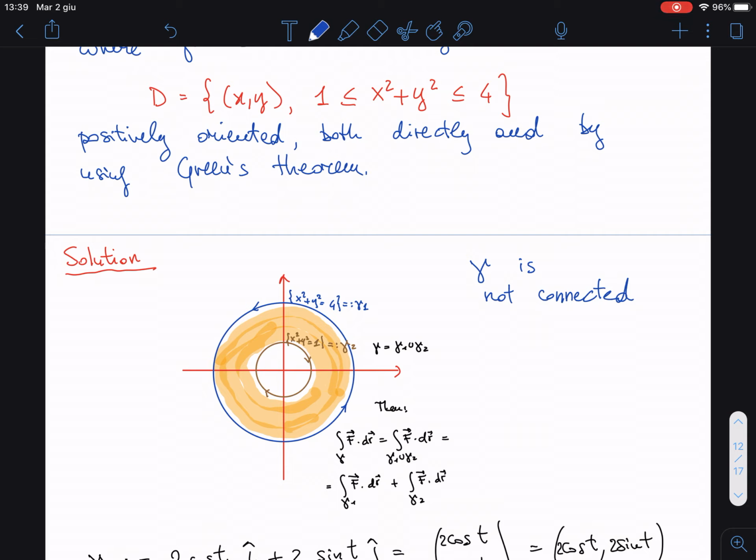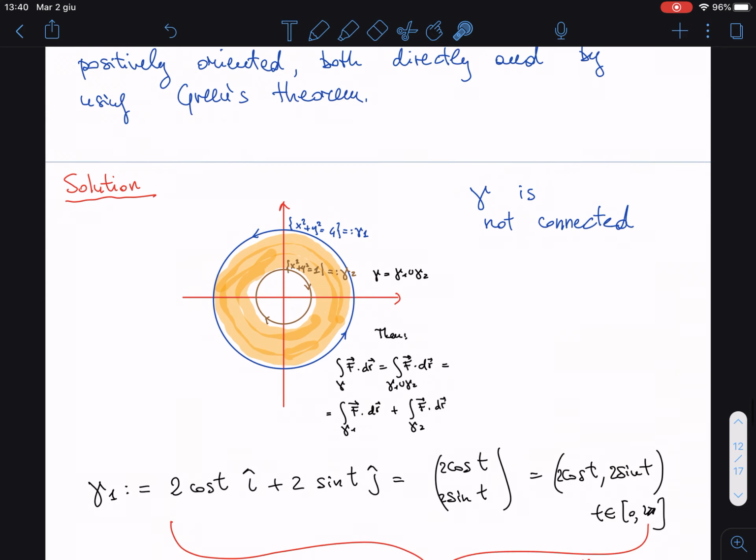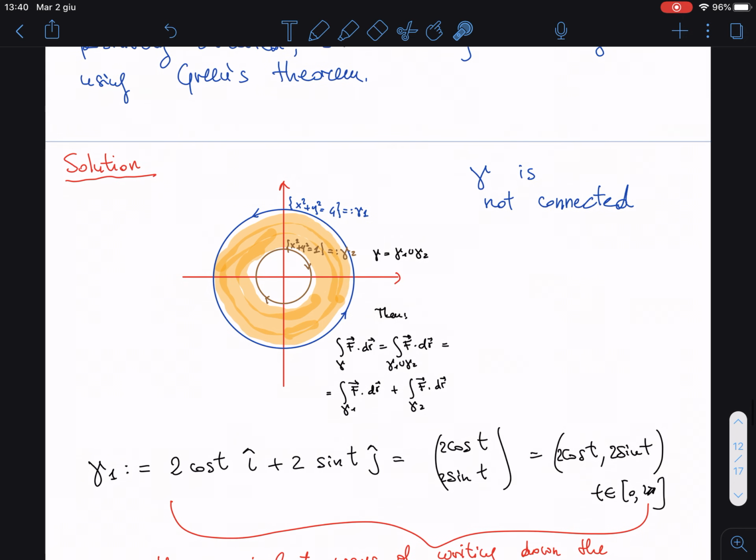And here gamma is made of two pieces. One piece is this, and another piece is this. Okay? So the two pieces of gamma are the two circles. This is the boundary. One circle is larger, somewhat external, and the other is internal.